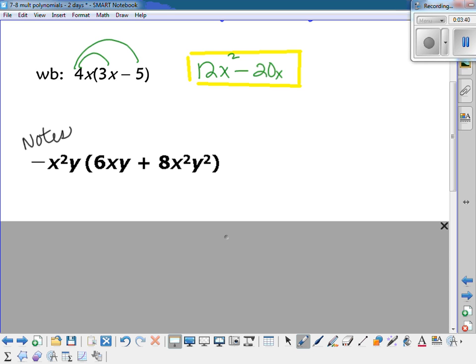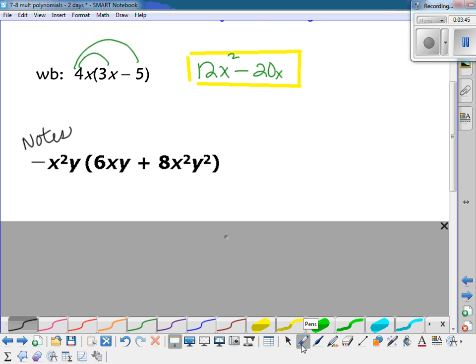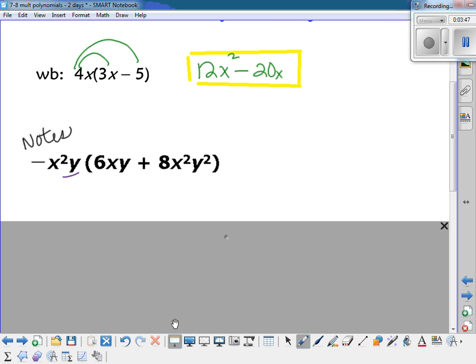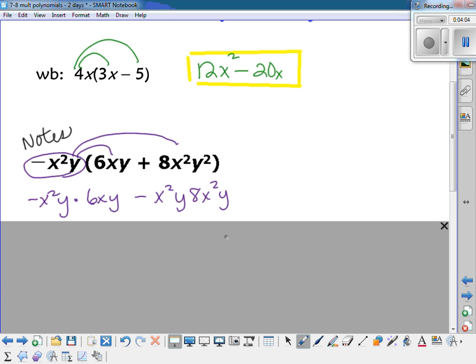Okay, so even though it looks like a lot of gobbledygook, you guys still know how to do this. We're going to take this whole thing and distribute it. So I'm going to take negative x squared y times the 6xy, and then I'm going to take negative x squared y times 8x squared y squared.